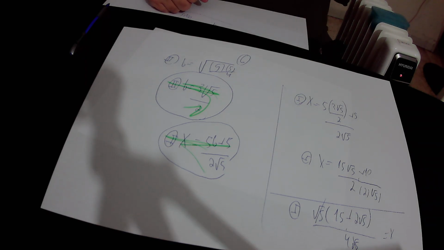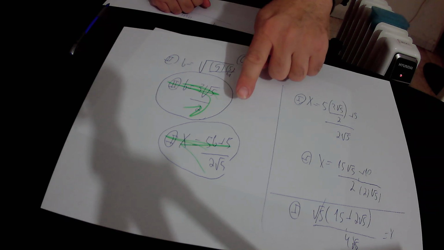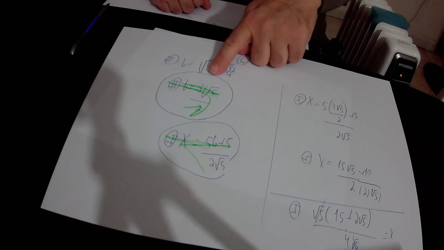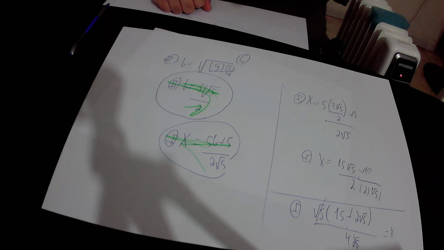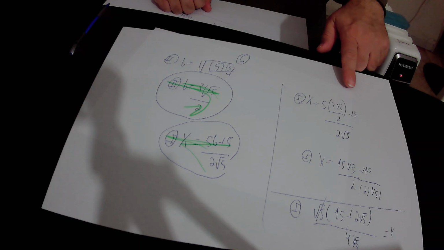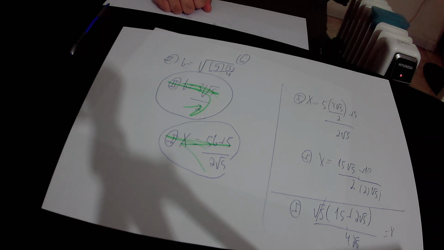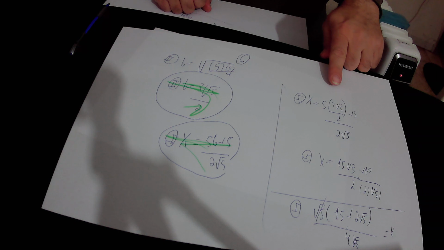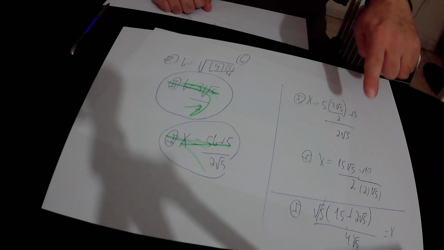Okay, so the next step, we substitute b in equation number 1 by 3 times root of 5 over 2, and found out that x equals 5 times 3 times root of 5 over 2, plus 5, over 2 times root of 5. 3 times 5 is 15, so in the numerator we have in total 15 times root of 5 over 2, plus 5.